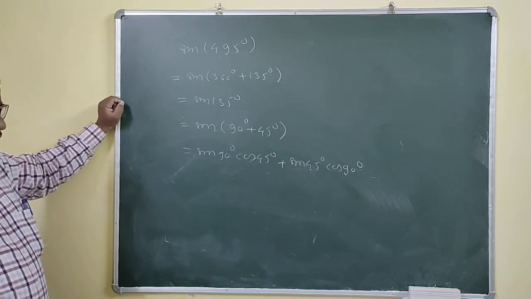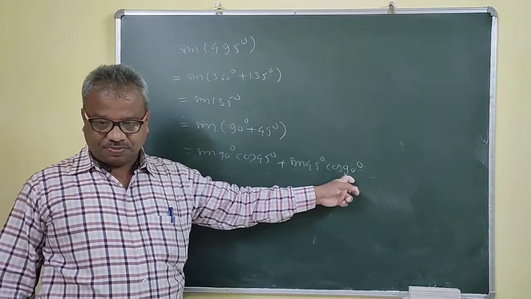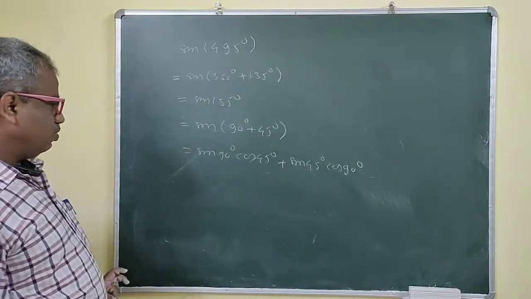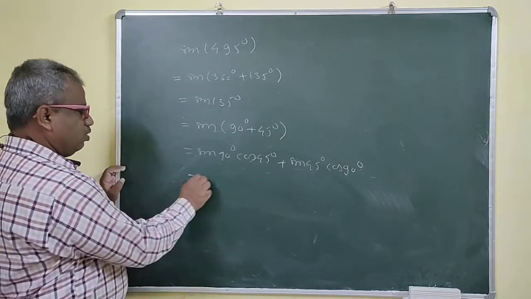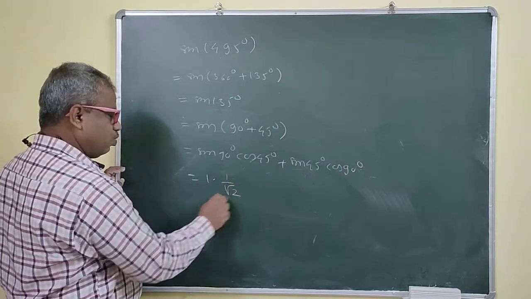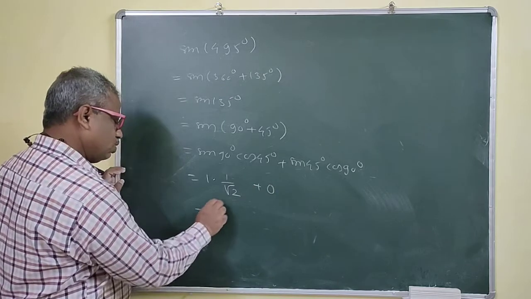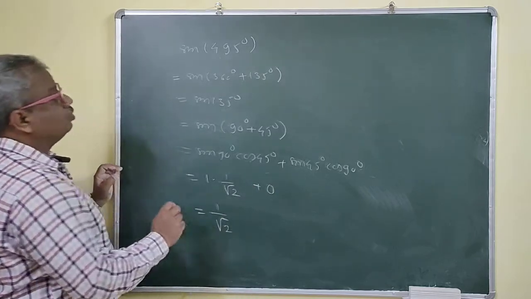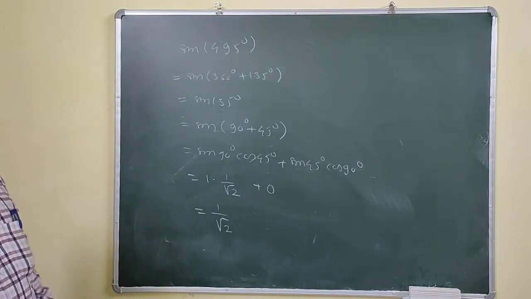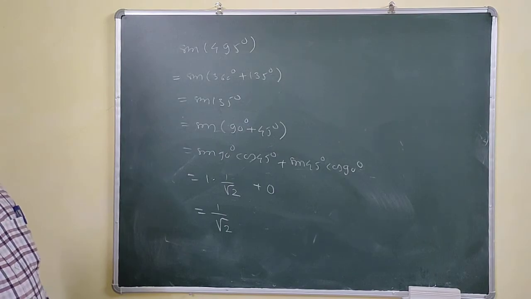But cos 90 degree is 0. Sine 90 degree is 1. So 1 into 1 by root 2 plus 0. So this is 1 upon root 2. So sine 495 degrees is 1 by root 2.